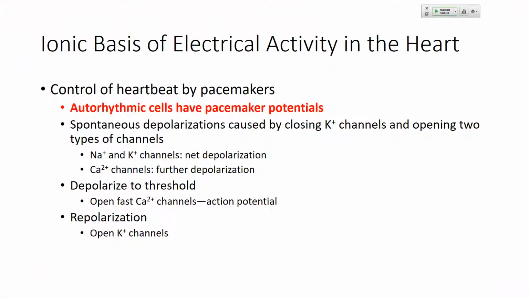And so the initial depolarization happens because of sodium via funny channels and because of calcium via slow calcium channels. The rapid upstroke, or the rapid depolarization of the cell to threshold, happens because of the opening of fast calcium channels. So when these faster calcium channels open, you rapidly depolarize the membrane, you fire an action potential. And then finally, the membrane completely repolarizes by opening potassium channels and closing those fast calcium channels.